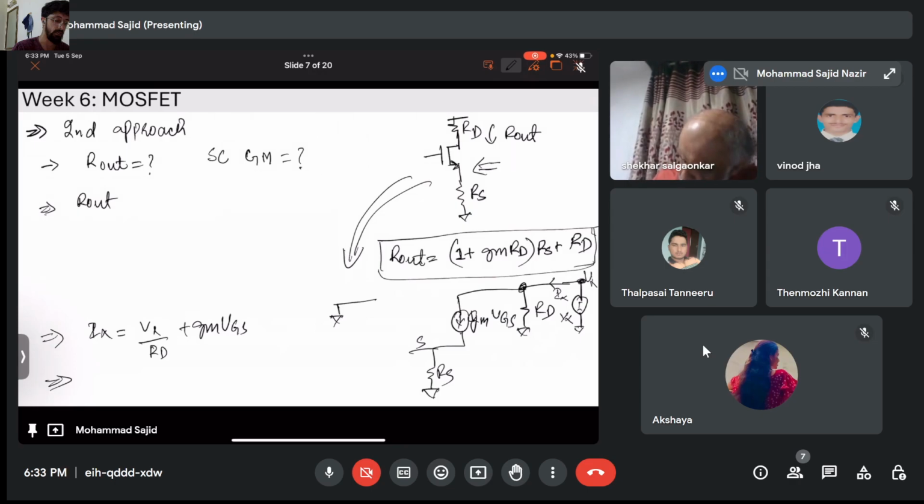So it will be Ix equals Vx by Rd minus GmVs. And what is Vs here? Current is GmVGS times Rs. Correct? So this will be minus GM Rs.